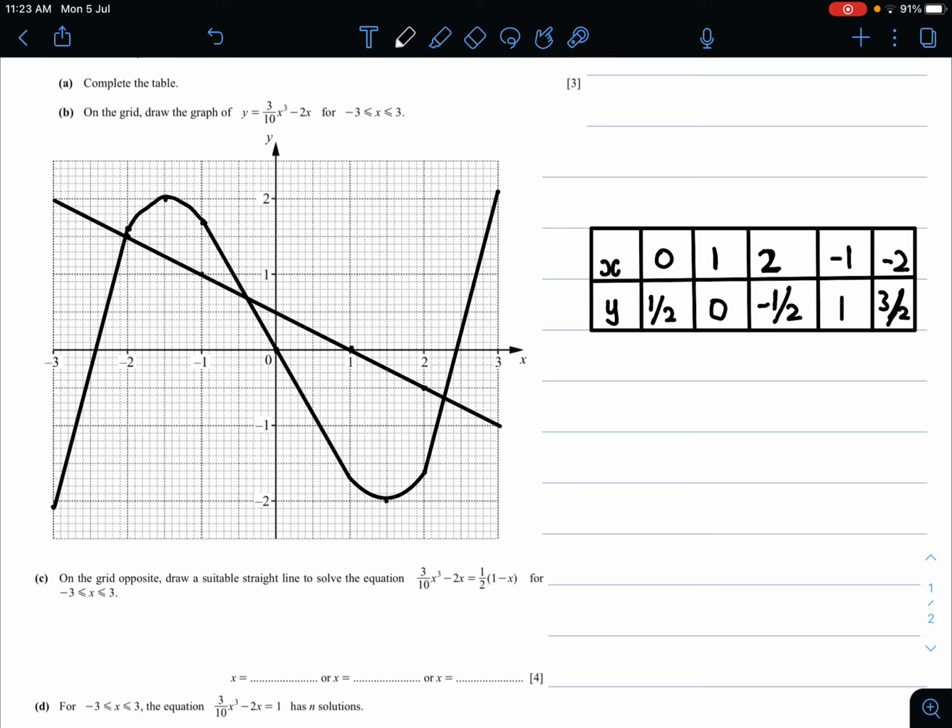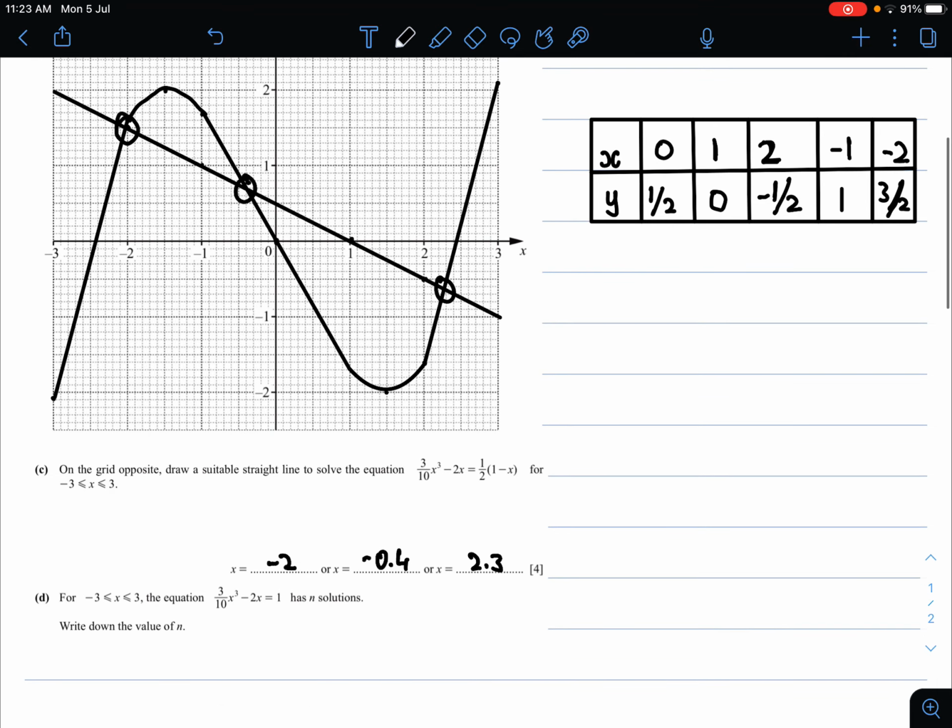One of them is -2, as you can see right here. The other is right here, and the third is right here. So for the second one, it would be -0.4, and for the last one, it would be 2.3.